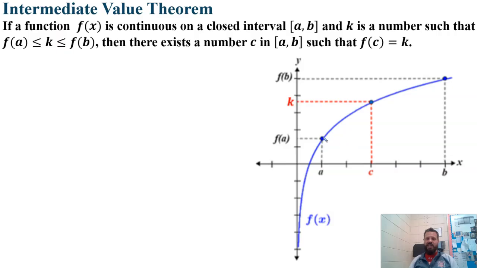Basically what it's saying is if I have a point here and here on a continuous function, for me to connect these dots crossing k, I'm going to also have to cross that c. Whether it's a nice smooth connection there, or some function that goes wildly all over the place, at some point we're going to hit that value c, that intermediate value.